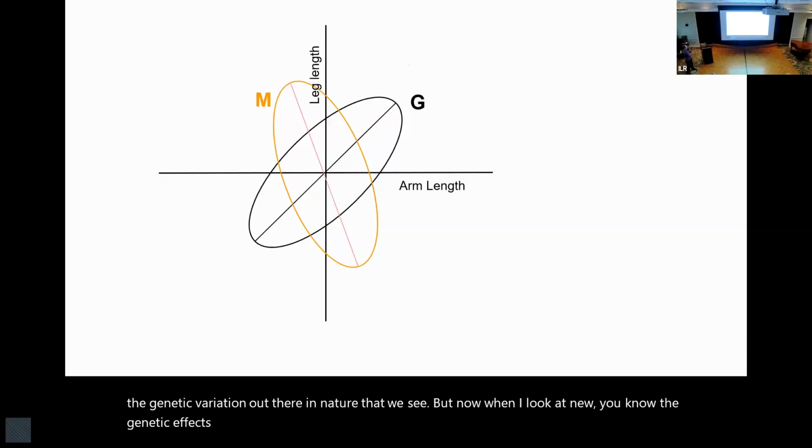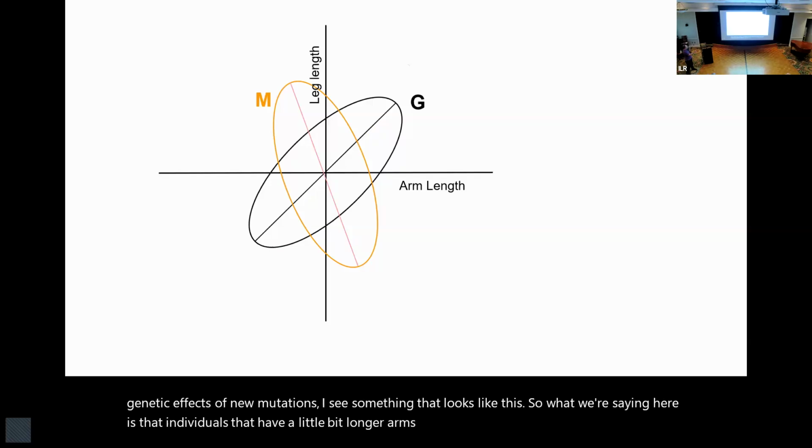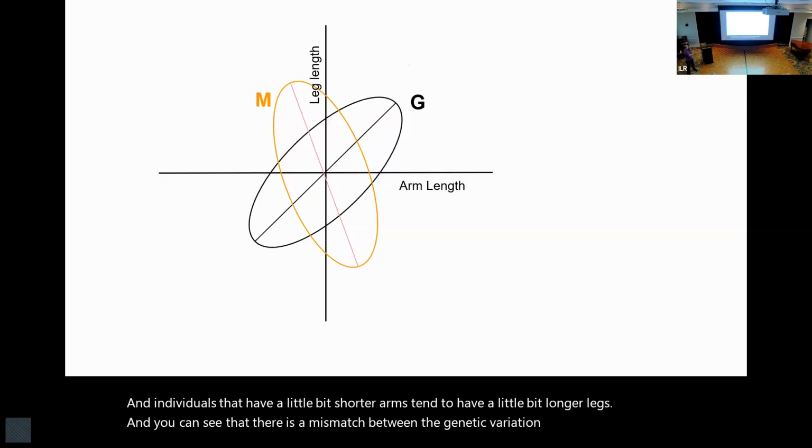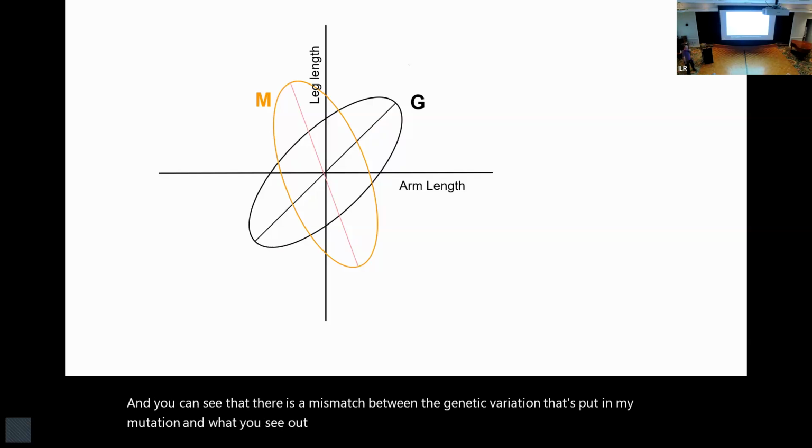What we're saying here is that individuals that have slightly longer arms tend to have slightly shorter legs, and individuals that have slightly shorter arms tend to have slightly longer legs. You can see that there is a mismatch between the genetic variation put in by mutation and what you see out there in nature.